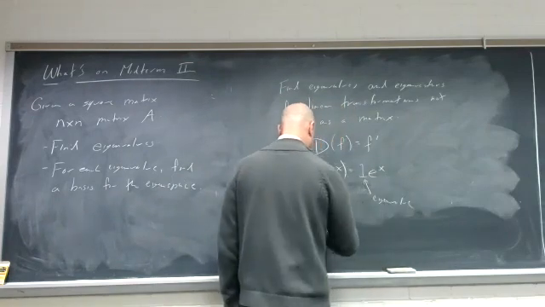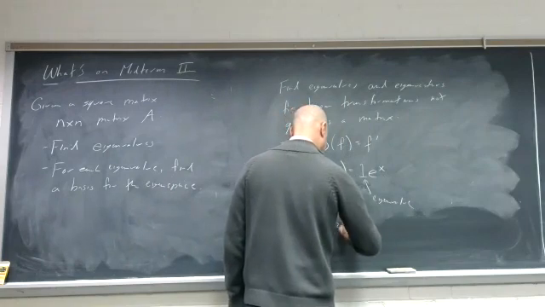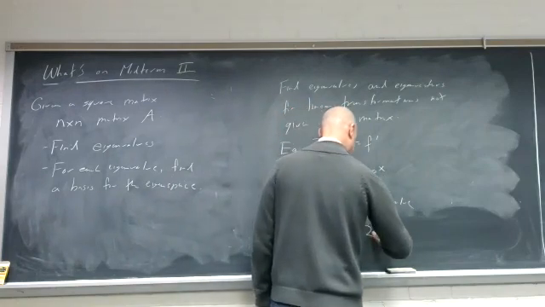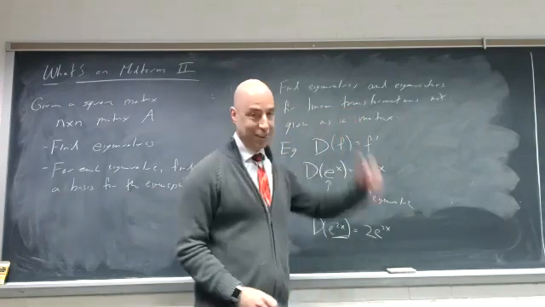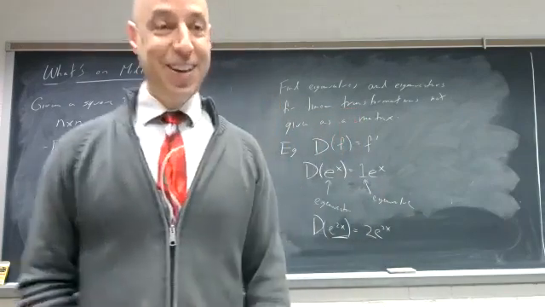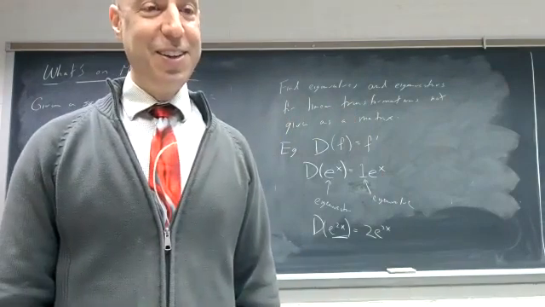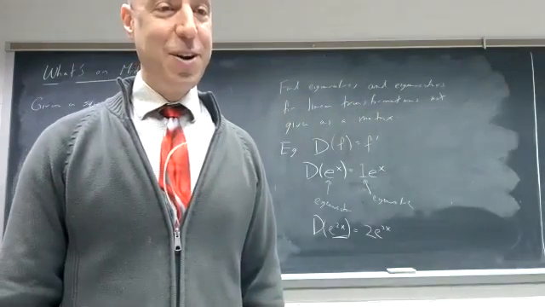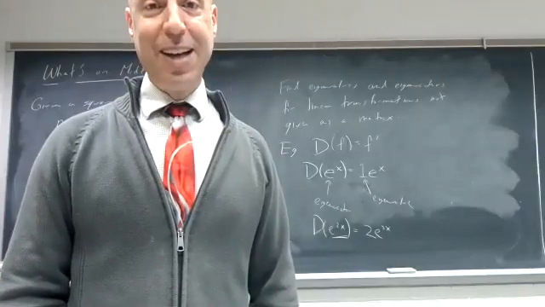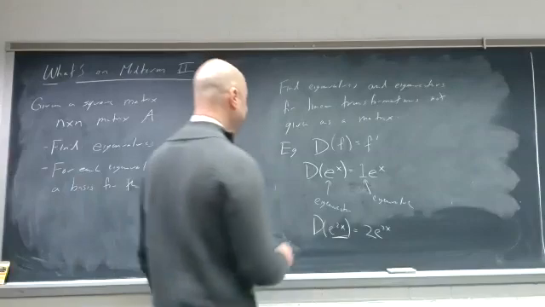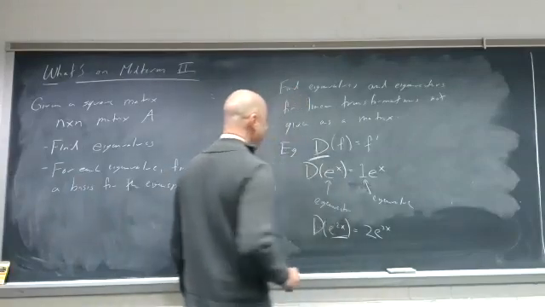We saw that the derivative of e to the 2x is 2 times e to the 2x. So 2 is an eigenvalue, e to the 2x is an eigenvector, and so on. In fact, any number is an eigenvalue for the D operator.